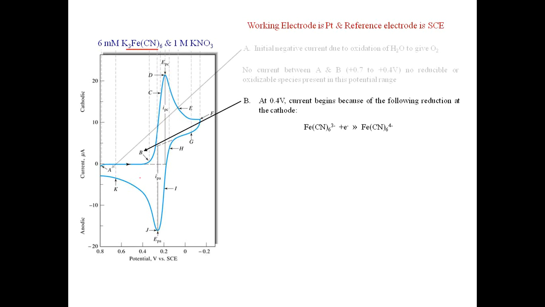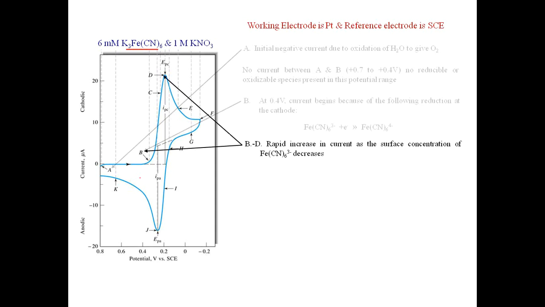So this is the reduction reaction occurring, and there is an increment of current, and this current is called the cathodic current, IPC, and it rapidly increases from B to D. The current is increasing as the surface concentration of the ferricyanide decreases because it is getting reduced, converting into ferrocyanide. So the ferricyanide has to move from the bulk of the solution to the electrode surface, so diffusion increases, so the diffusion current also increases. So at this stage a rapid increment of current is seen.